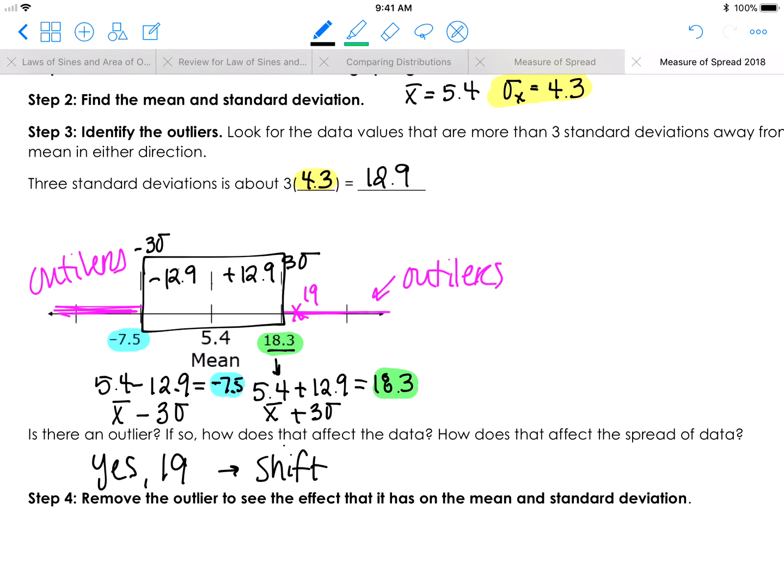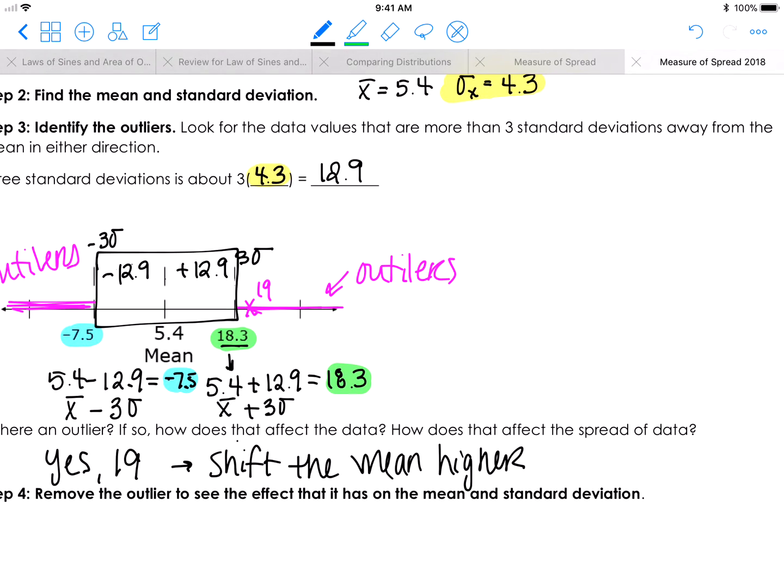So it's going to shift the mean higher. And how does this affect the spread of the data? If it's going to affect the mean, it's also going to affect the standard deviation. So it also shifts the standard deviation higher.